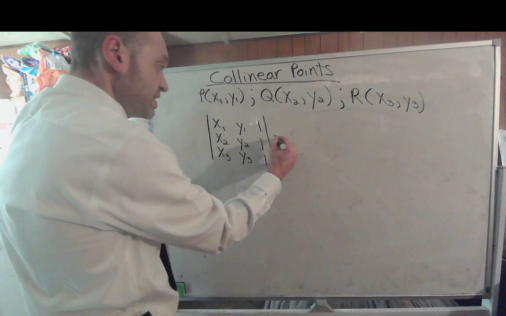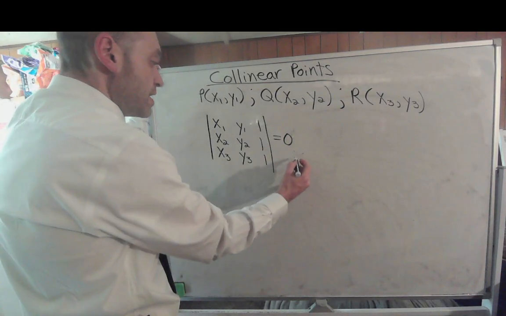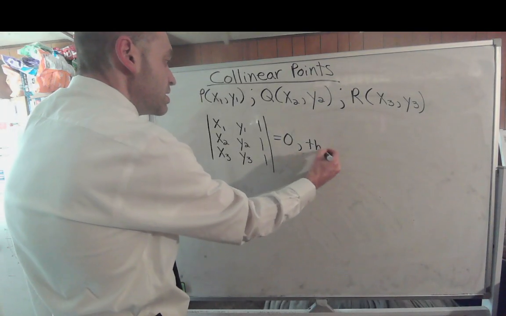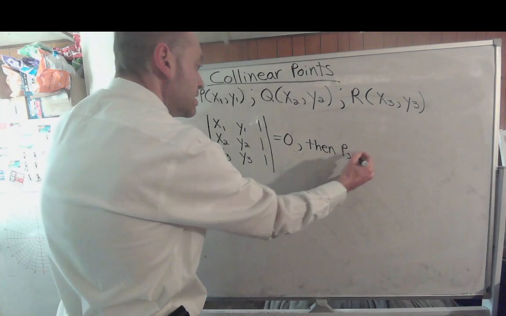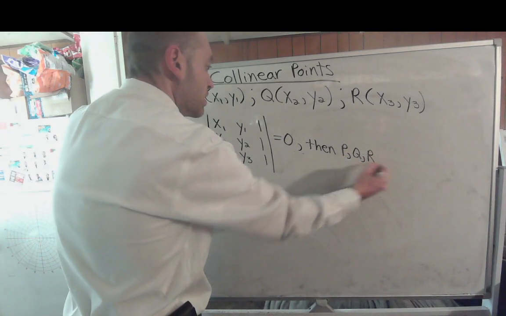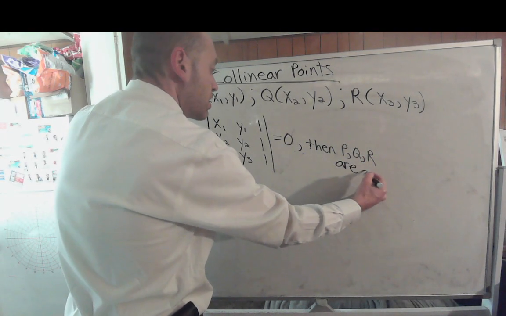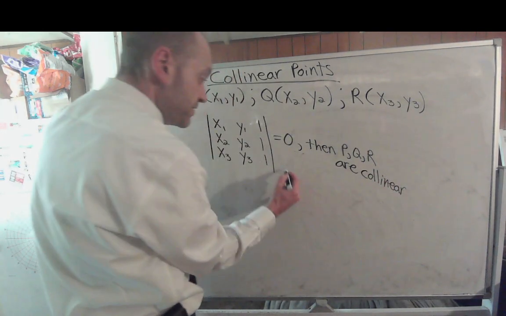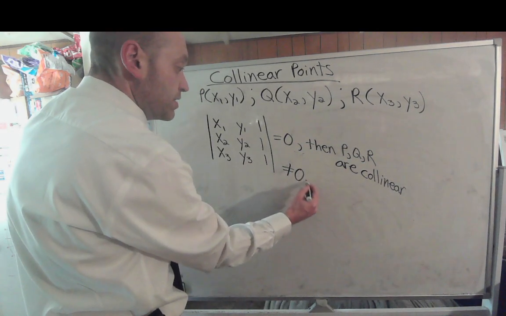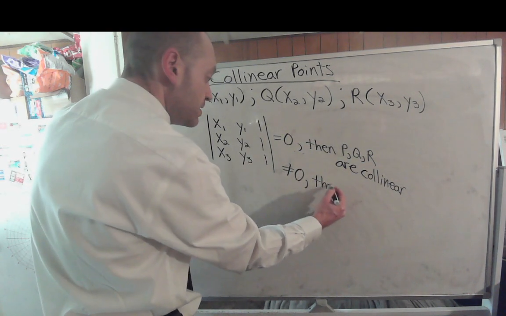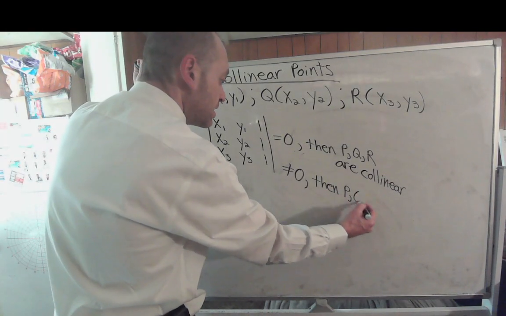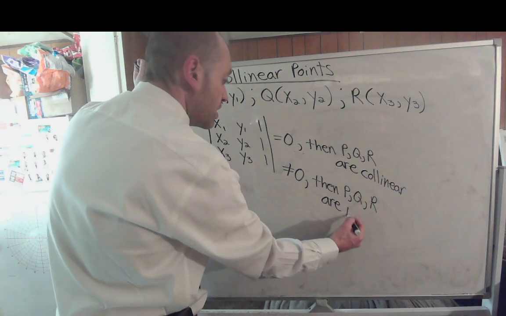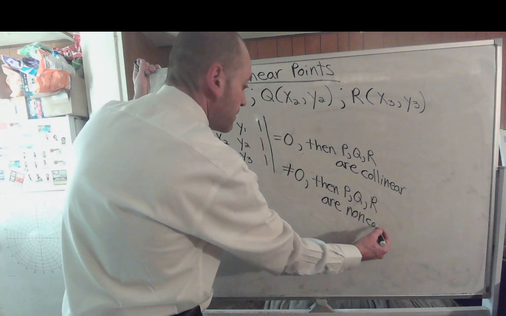If it equals 0, then P, Q, R are collinear. If the determinant does not equal 0, then P, Q, R are non-collinear.